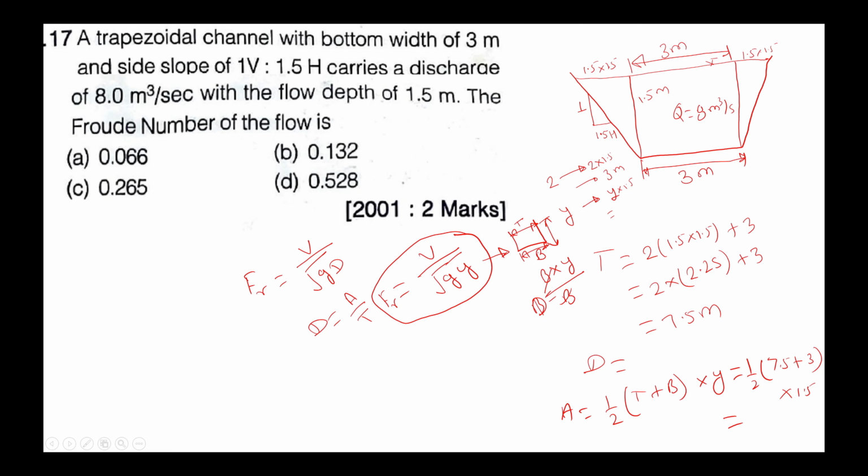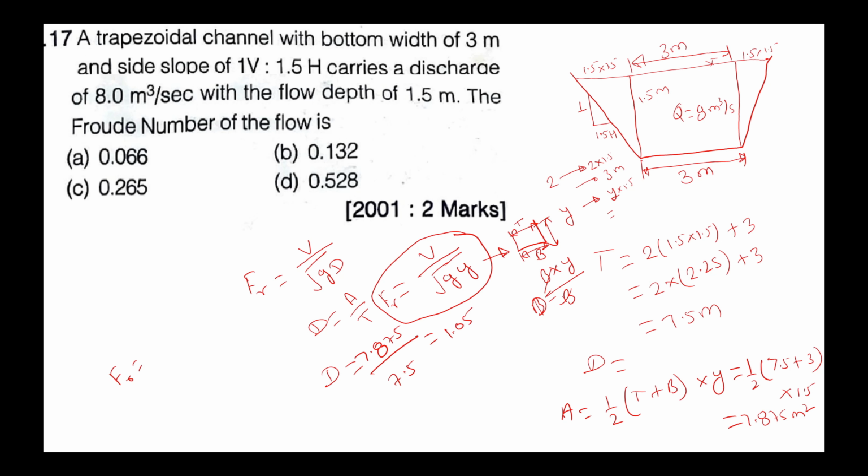So your area is coming 7.875 meter square. So now you will put in the formula. So D is equal to 7.875 divided by top width is 7.5. So your D will come 1.05. So now you can very easily calculate the Froude number.